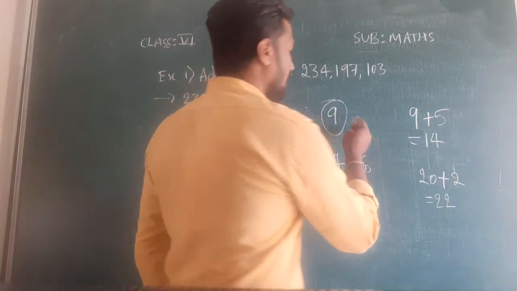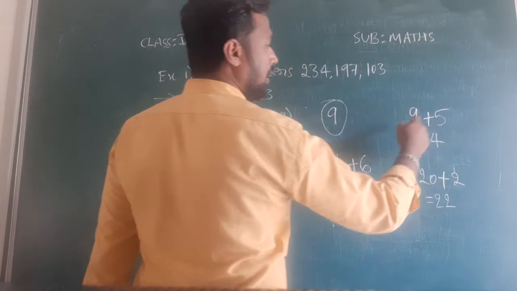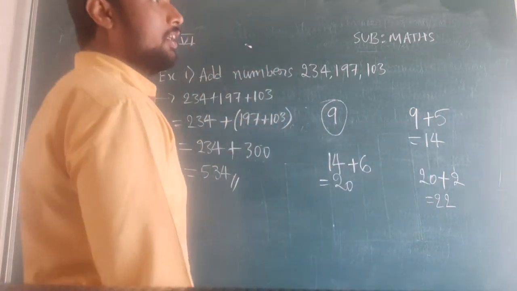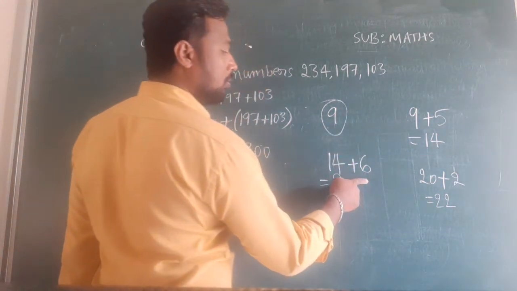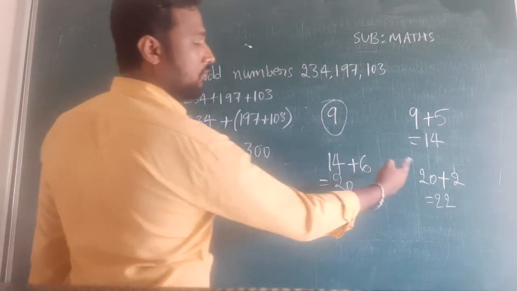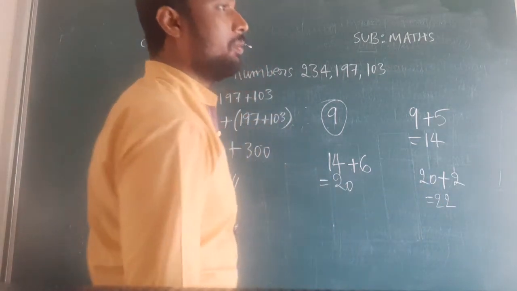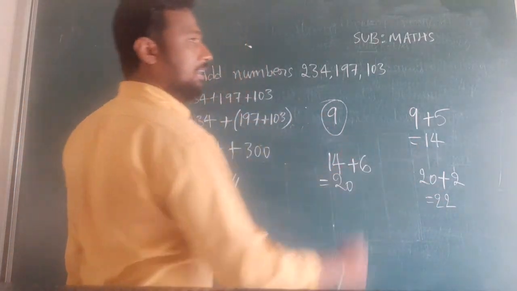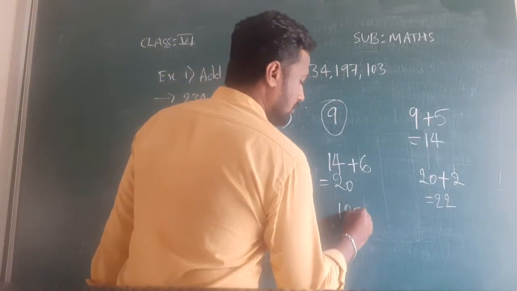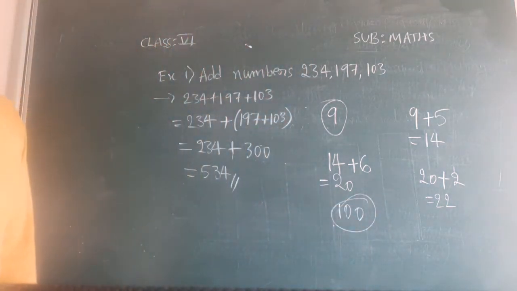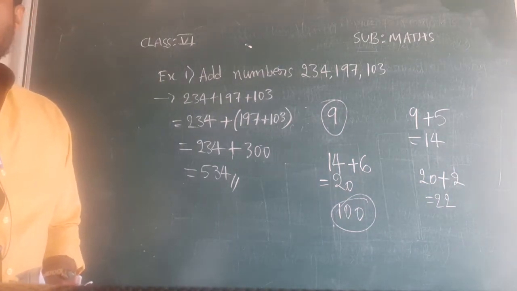Like this, you have to continue alternately, and whoever gets 100 first after adding is considered the winner of this game.